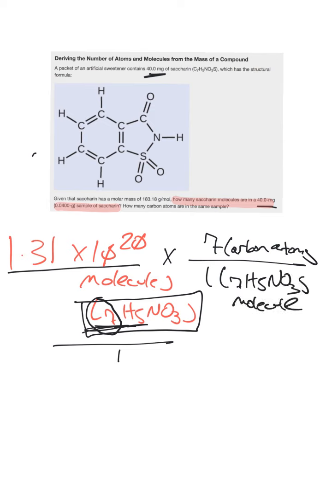So all we're doing is multiplying our 1.31 times 10 to the 20th molecules times 7 carbon atoms. And the answer that this conversion factor yields is 9.17 times 10 to the 20th carbon atoms. Sweet. And there'll be more examples of these types of practice problems, especially because dimensional analysis can be tricky to learn for the first time.